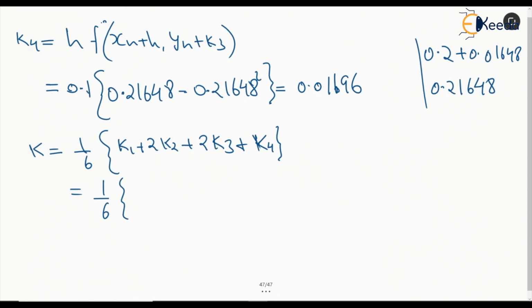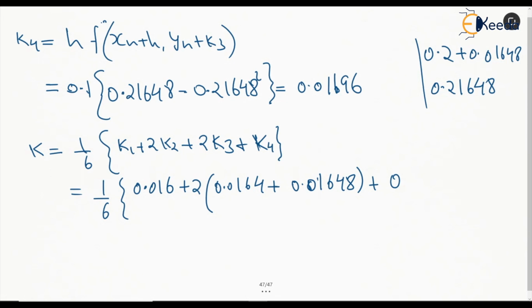One by 6, k1 is 0.016 plus 2 times of, let's take it in common, k2, which is 0.0164 plus k3, which is 0.01648 plus K4 which is 0.01696.